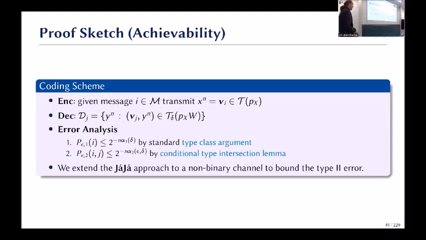And then we have to do the error analysis by standard type plus arguments. We will prove that the error of the first kind goes to 0, and by conditional type intersection lemma, we can prove that the second kind of error goes also to 0. So somehow it's just an extension of the Yaya approach of the non-binary channel and to the bound of the type 2 error.